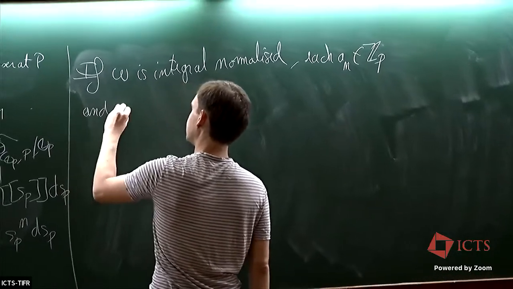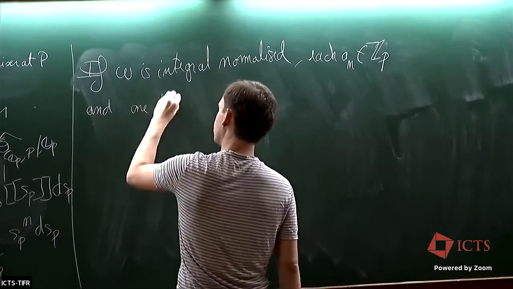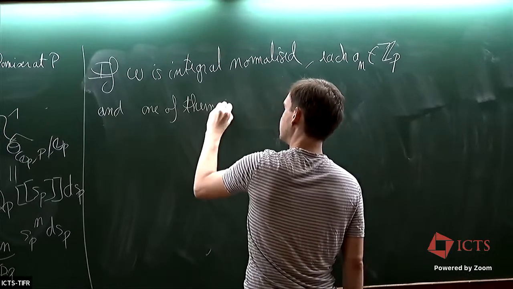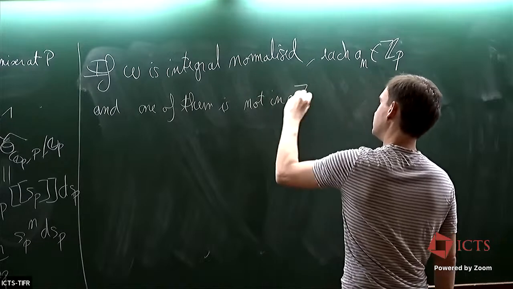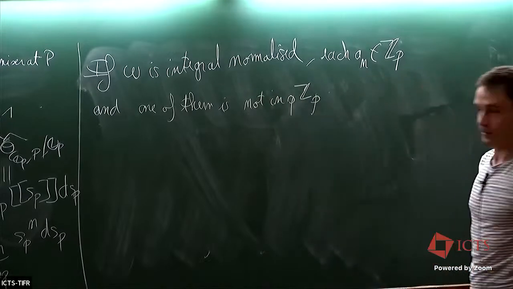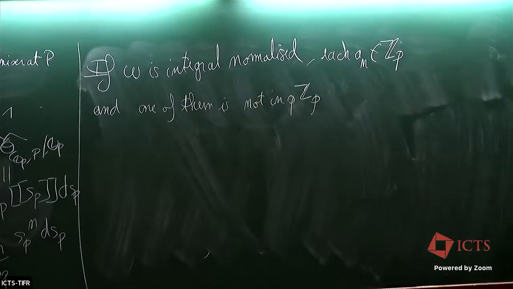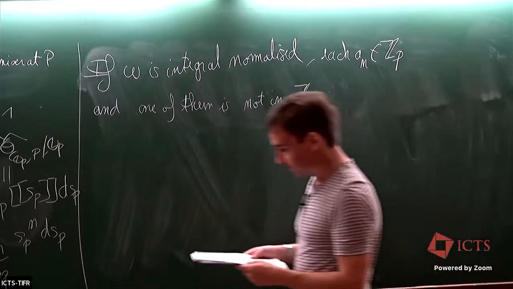One of them is not in PZP. So we're really setting ourselves up for the easiest case possible of the Newton polygon things. We just have integral coefficients, we'll integrate this, it'll be fine.